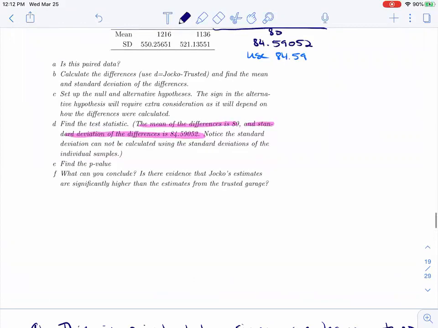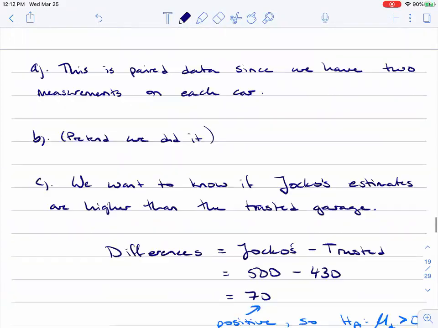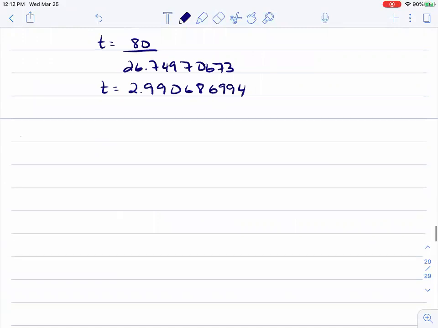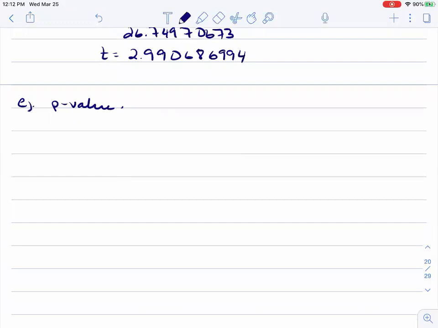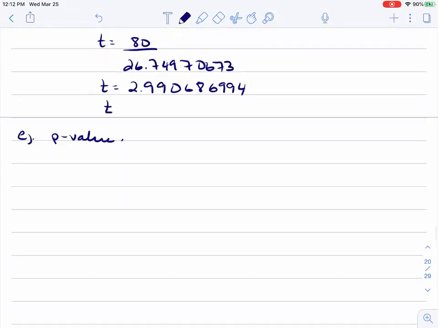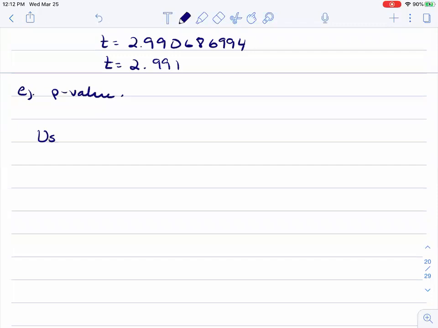So, part E, find the p-value. We use t to 3 decimal places, 2.991. Our usual blurb using the t-table: degrees of freedom equal to n sub d minus 1, which is 10 minus 1, which is 9.